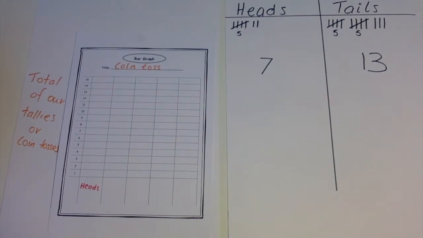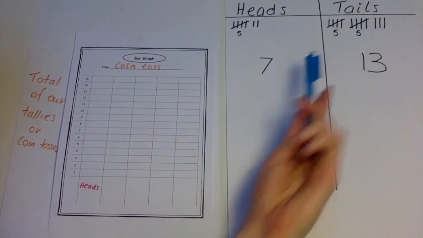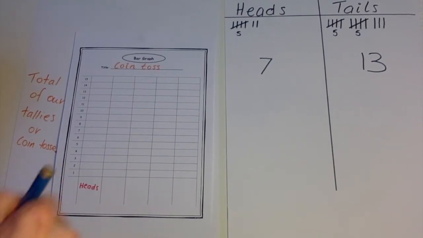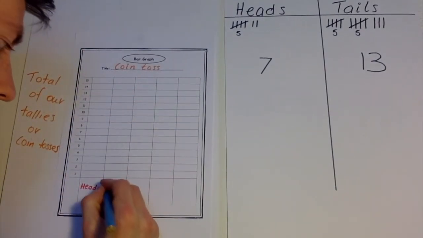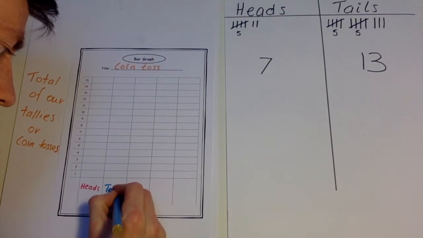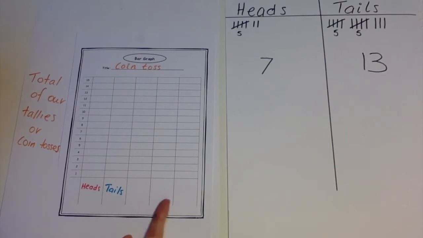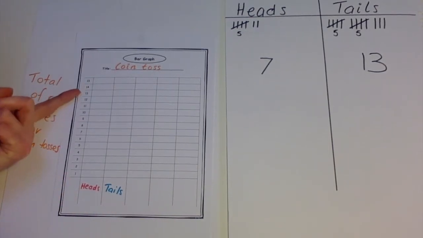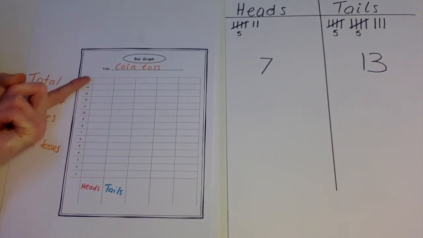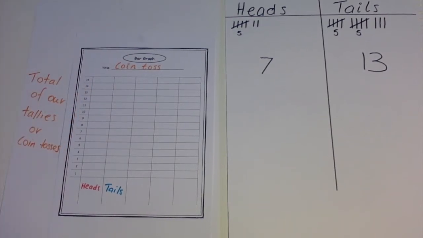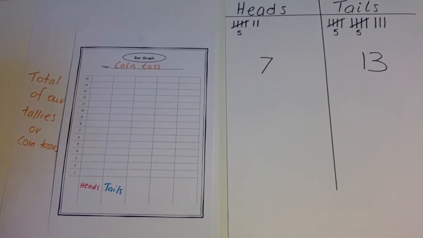Now my next title, which is tails, I need to write in blue. So I'm going to write tails. Now that we've got our headings down here, and we know that a number represents the total that we got, we need to draw our bar graphs.